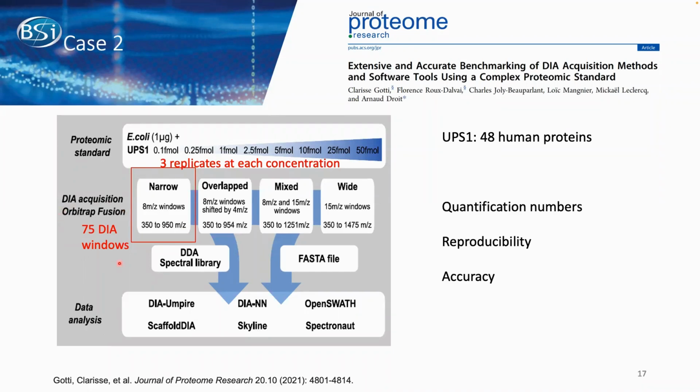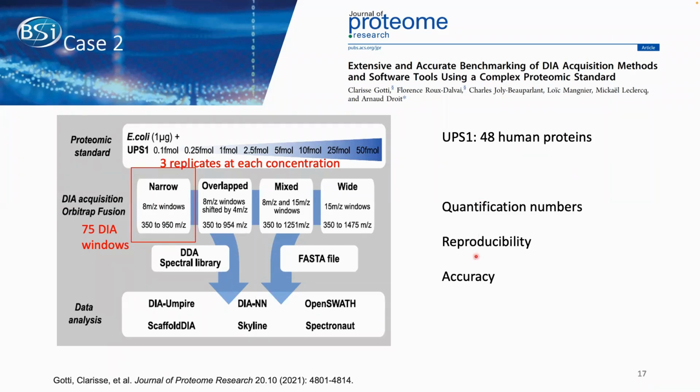To keep things simple, I use the data acquired in the narrow window to show, in a complex matrix, in this case the matrix is E. coli, how well the UPS1 protein standard was quantified at concentrations from low to high in PEAKS 11. UPS1 is composed of 48 human proteins.